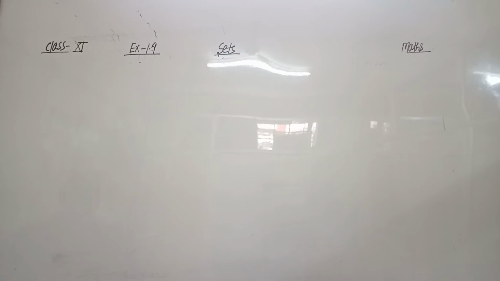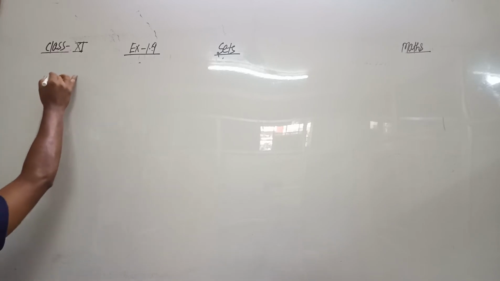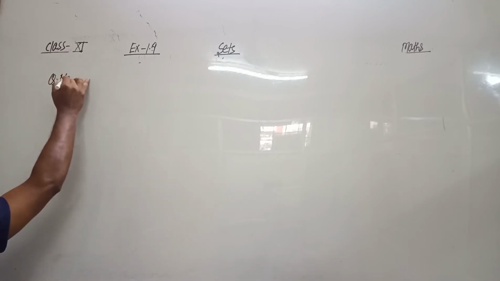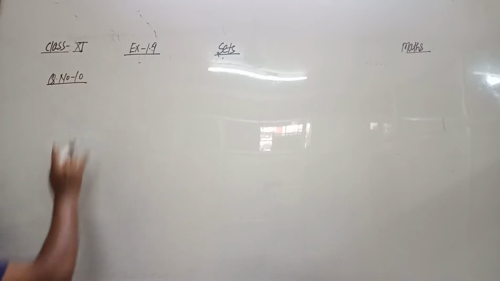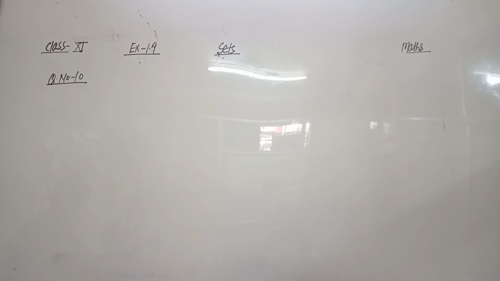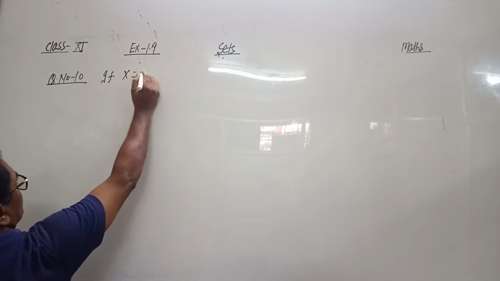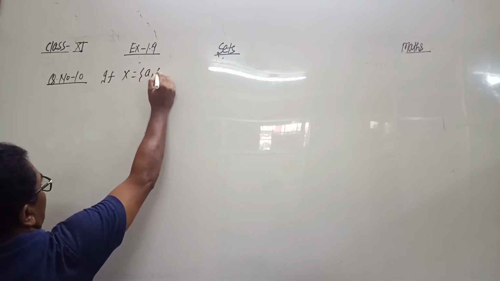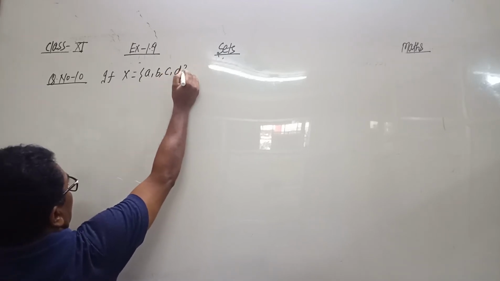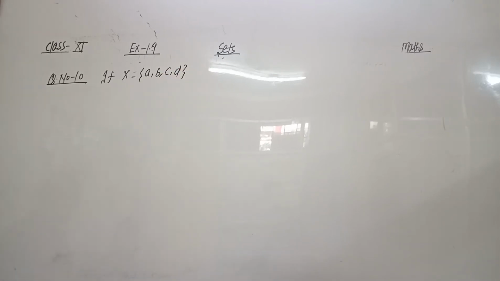Now we solve question number 10. We have given set X equals {a, b, c, d} and another set Y equals {f, b, d, g}.